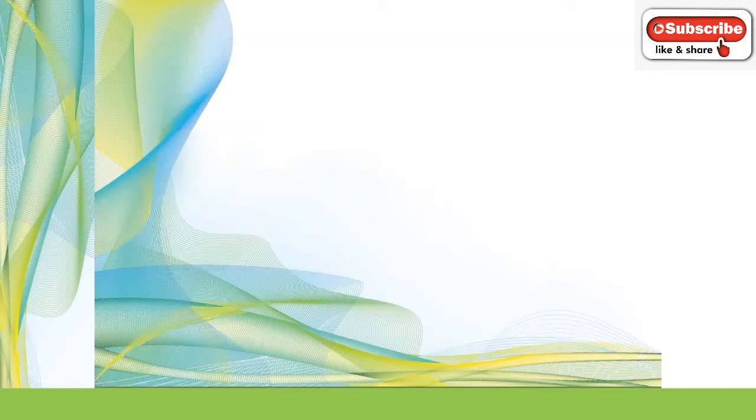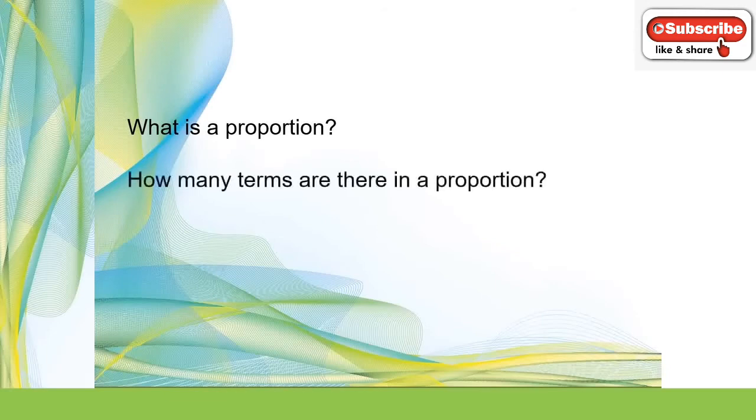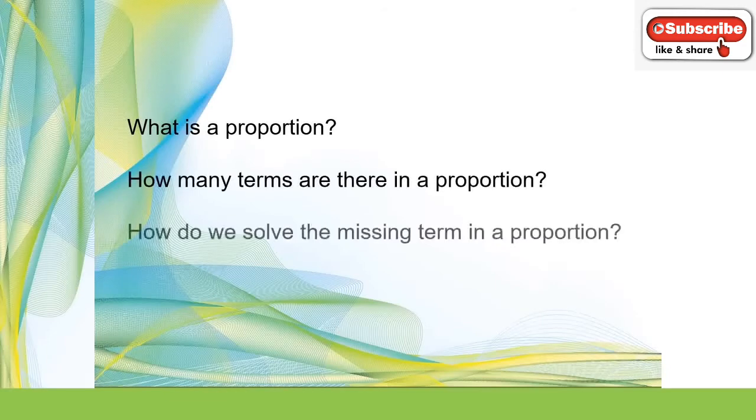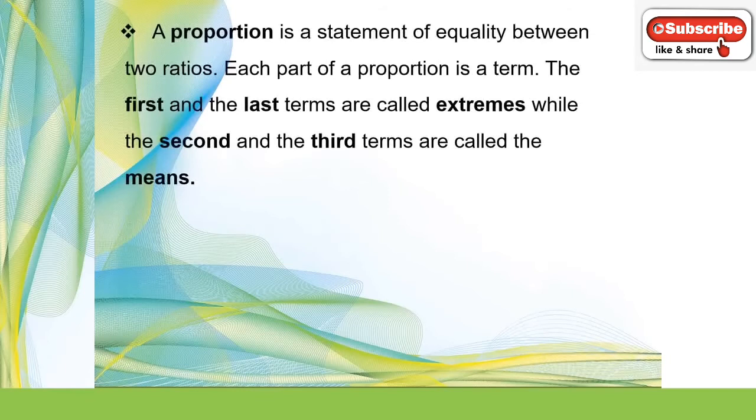Do you still remember our lesson about proportion? What is a proportion? How many terms are there in a proportion? How do we solve the missing term in a proportion? A proportion is a statement of equality between two ratios. Each part of a proportion is a term.